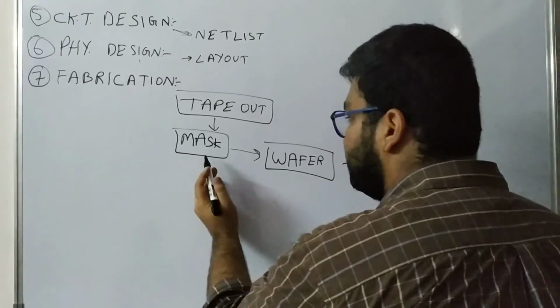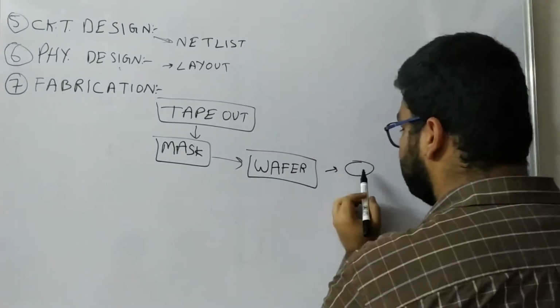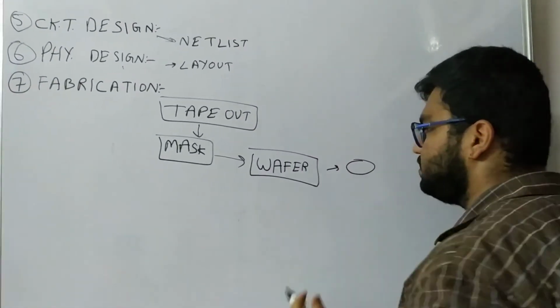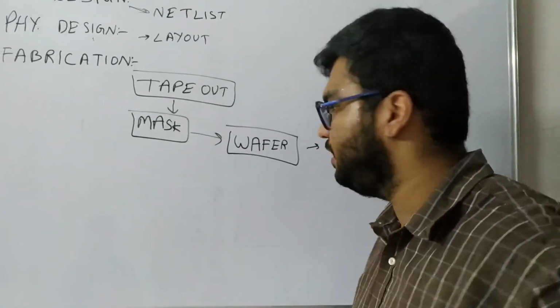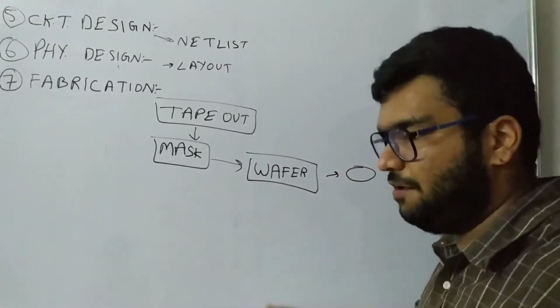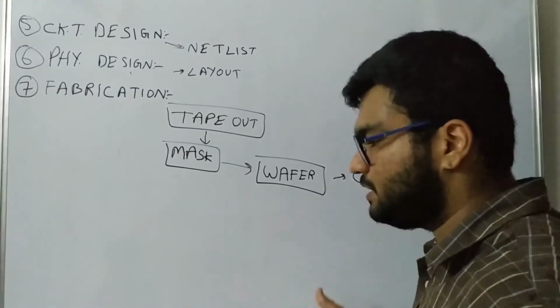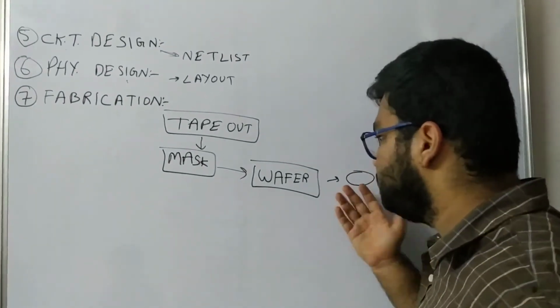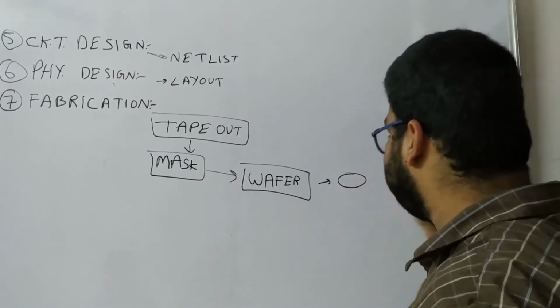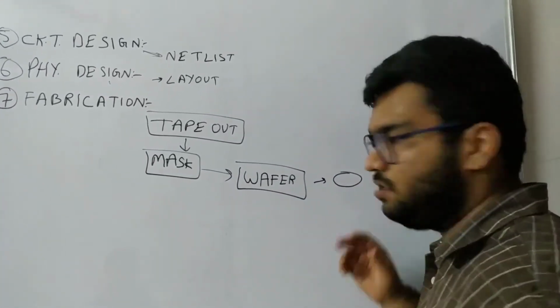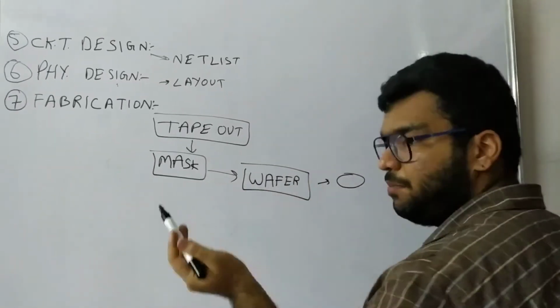So this mask will identify the spaces on this wafer, where any semiconductor materials like silicon or germanium must be either diffused, or deposited, or removed. So this identifies the spaces for deposition, diffusion or removal. So this defines the above three steps.